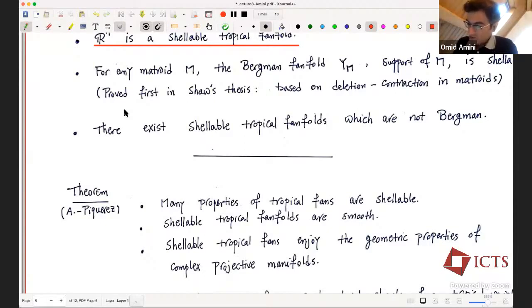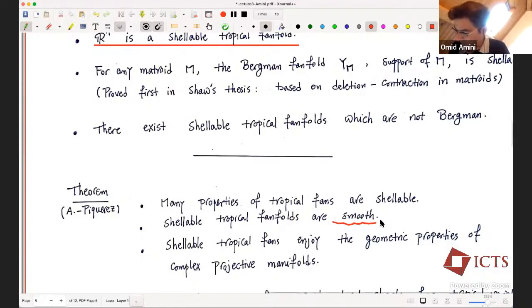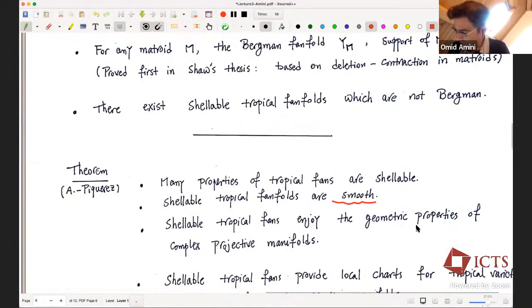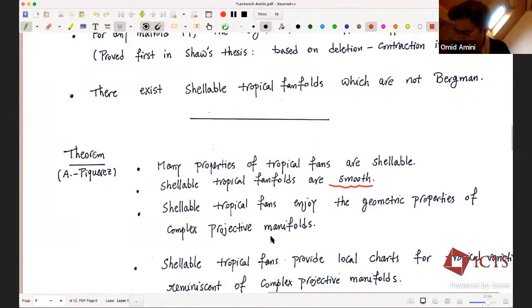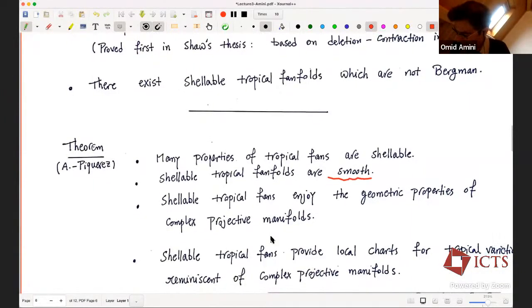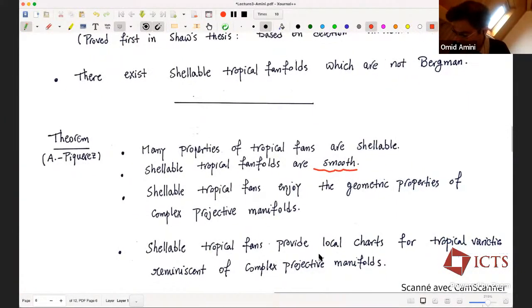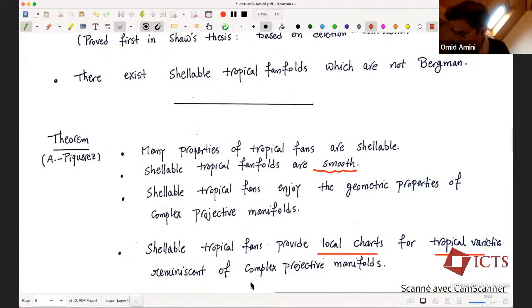Shellable tropical fans are smooth in the tropical world in a very precise sense. And the central thing is that shellable tropical fans enjoy a lot of geometric properties of complex projective manifolds. They provide local charts for tropical varieties, which are reminiscent of complex projective manifolds.